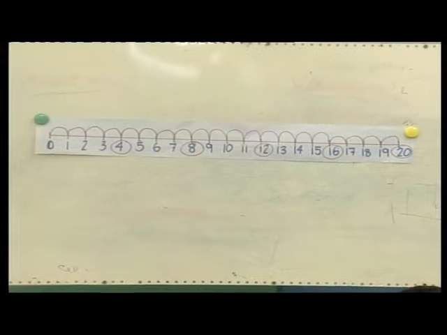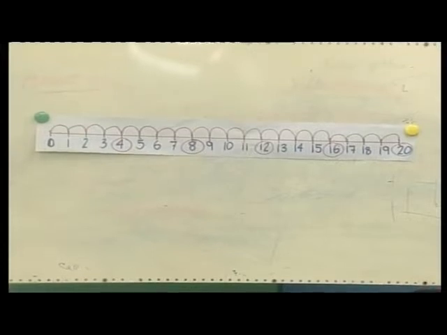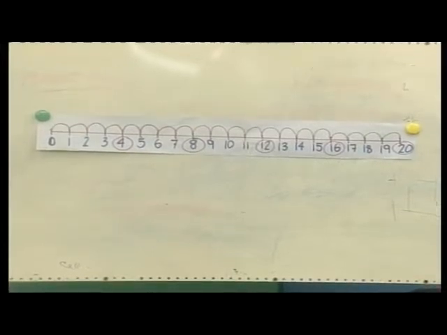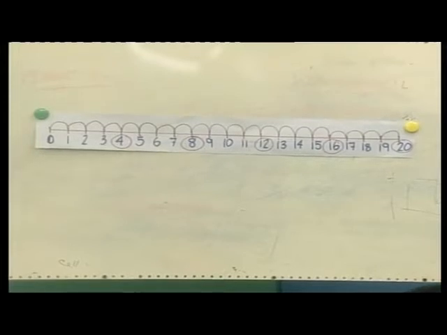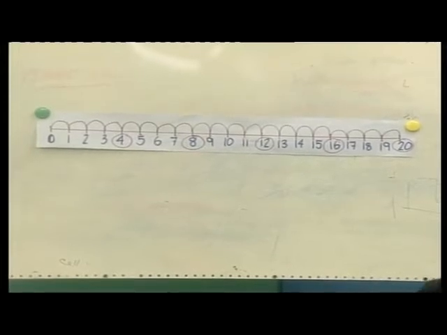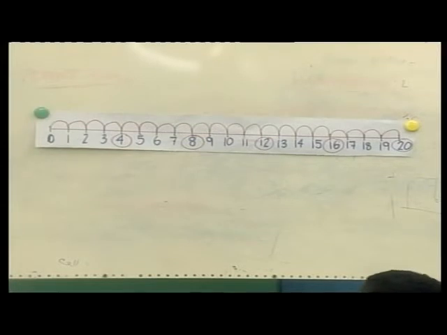Okay, thank you. Anything else? Any pattern? You see, every 4 places you move, you circle the numbers. Class? Look at the numbers. Look at those circled numbers.